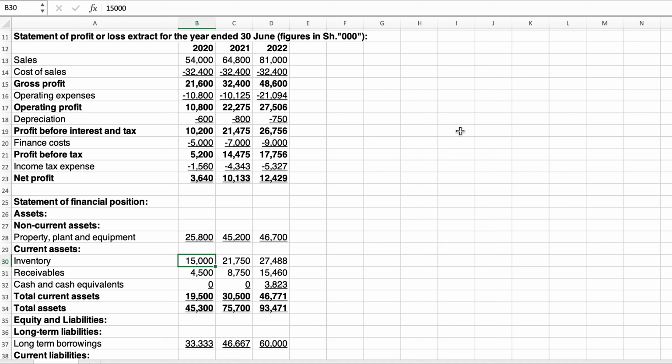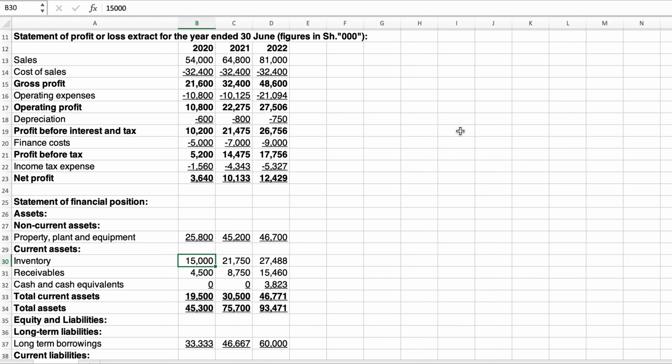You will get the average. But in this case, we have been asked to calculate the quick acid test ratio for these 3 years, and we have not been given the opening inventory for the year 2020. So in that case, we will use the closing inventory throughout. We will use the inventory for each period.